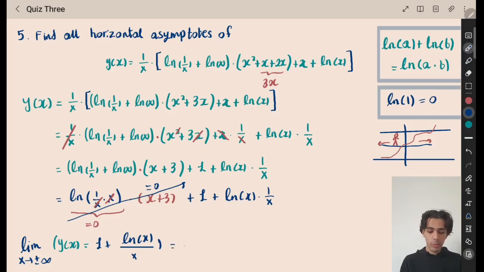Well, if we distribute the limit, the first one is just 1, because 1 does not change as x changes. And then we have the limit as x tends to plus or minus infinity of ln of x divided by x. And this is a race.